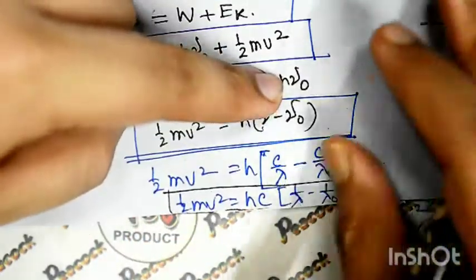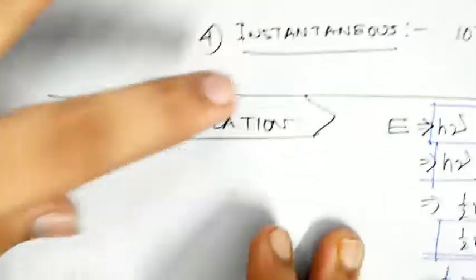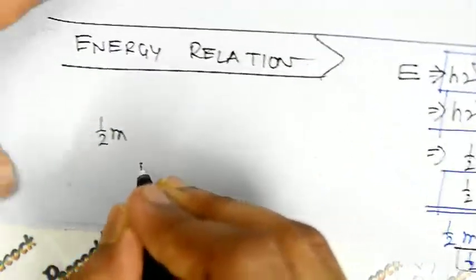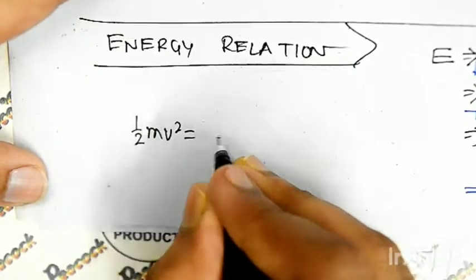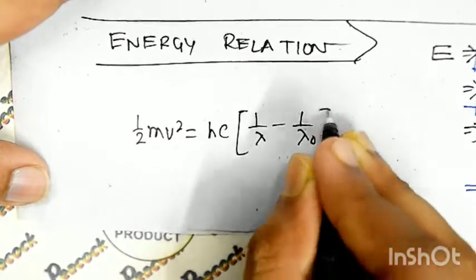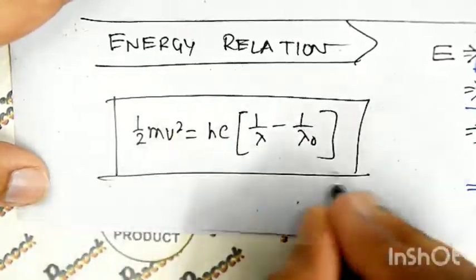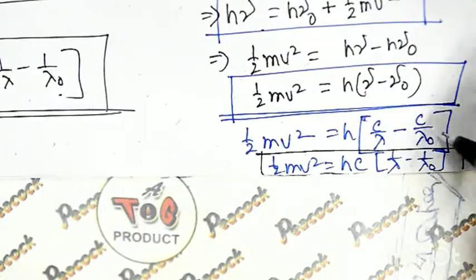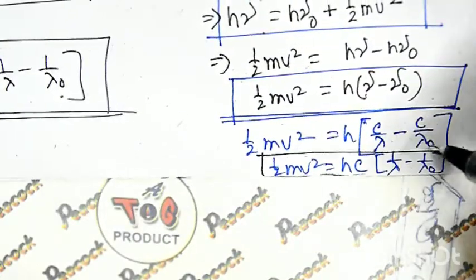I am writing it freshly here: half m v squared equals hc into (1 by lambda minus 1 by lambda 0). Why lambda 0? Lambda 0 came from nu 0, which is c by lambda 0.